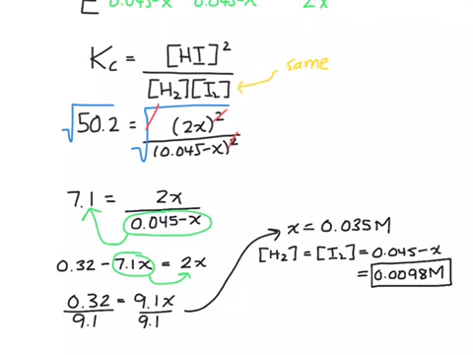We can do the same for the concentration of hydrogen iodide. And so that equilibrium concentration is 2x, which is 0.0696, so 0.070 molar.